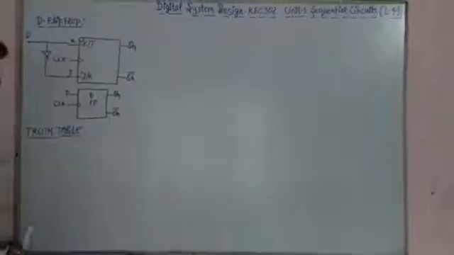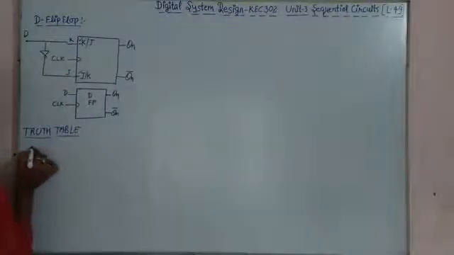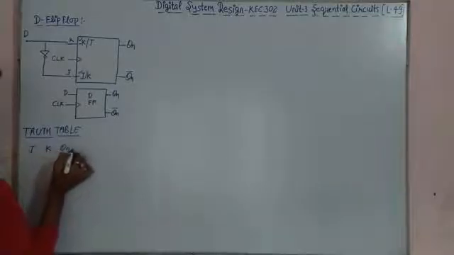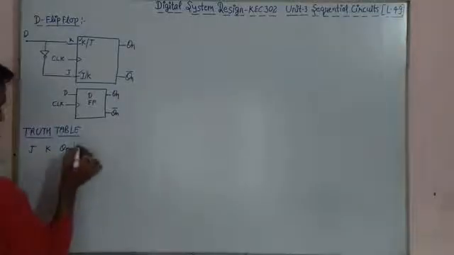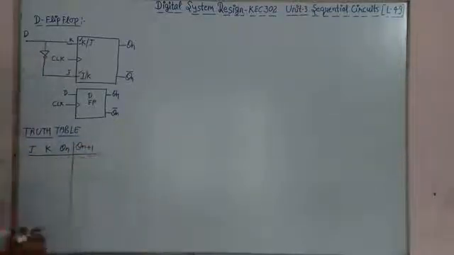You have remembered already. So this is J, K, Qn, and you will have one output, that will be Qn plus 1.